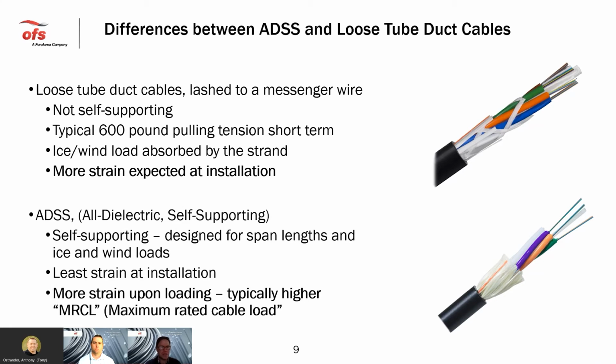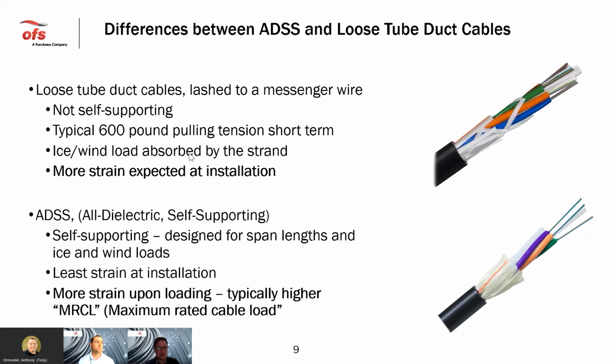Looking a little deeper into the differences between these cables, a loose tube cable that is lashed to a messenger wire is not self-supporting, so it's not designed to support itself. It has a 600-pound pulling tension short term and a 200-pound tension long term, with the expectation that the ice and wind in an aerial network will be absorbed by the strand.